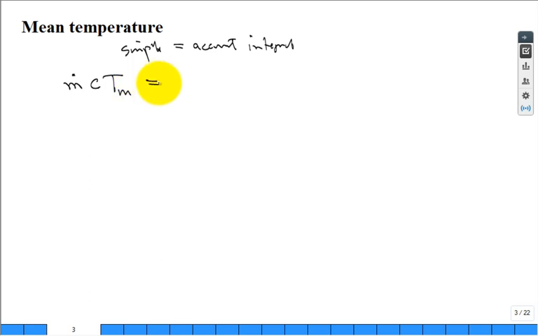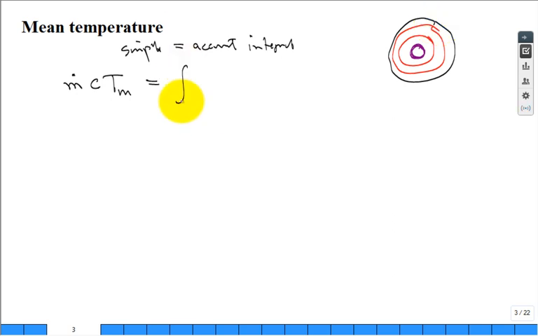And so what about the more accurate involving integration? Well, I take my pipe and I look at it this way, and I have little rings of higher velocity pipe down the core. I'll go out a further ring and then another ring. So I'm going to do an integration, a summation over those rings. So it'll be the integration of the specific heat and the temperature in that ring times that mass flow rate in that ring.